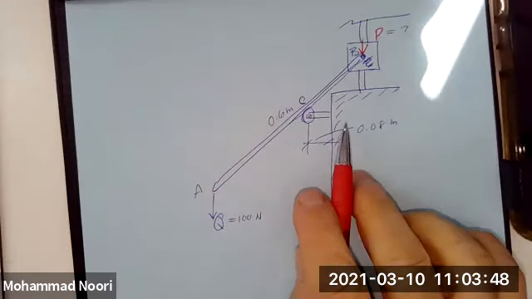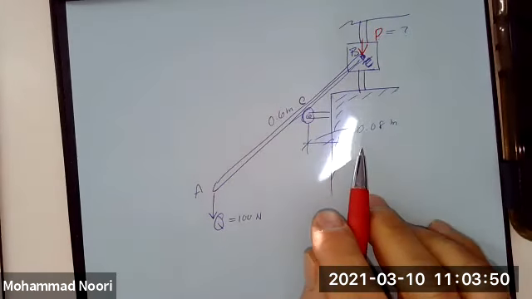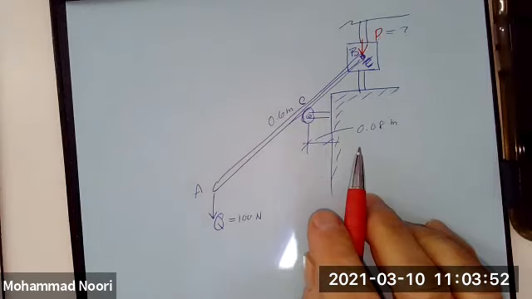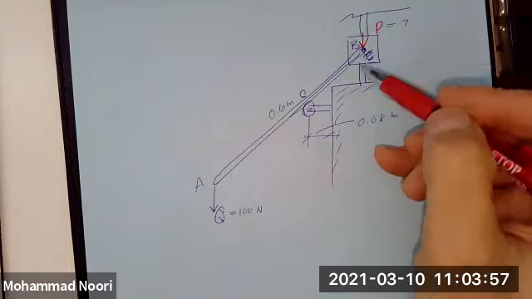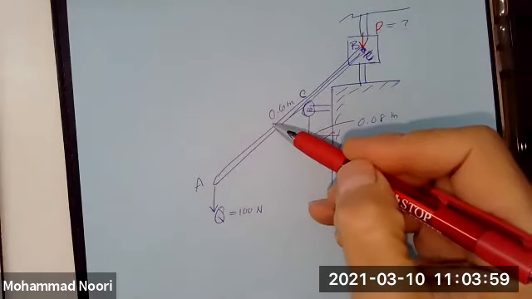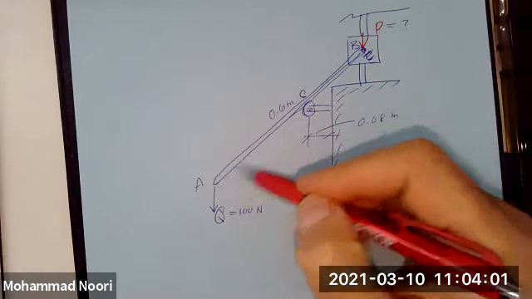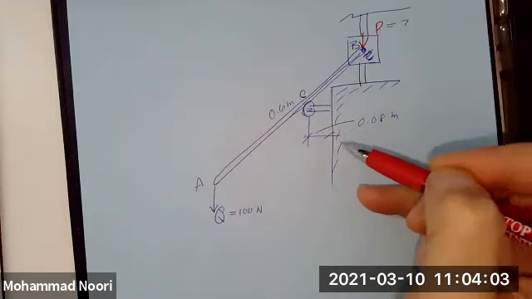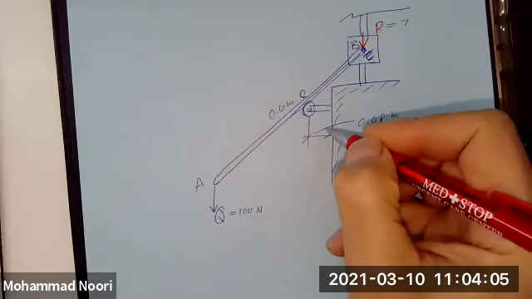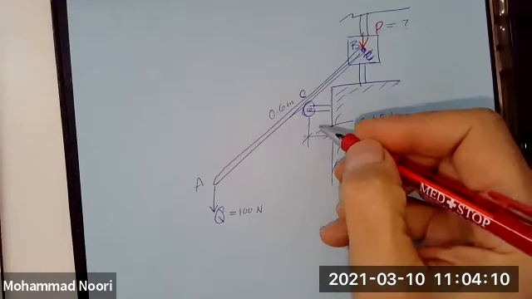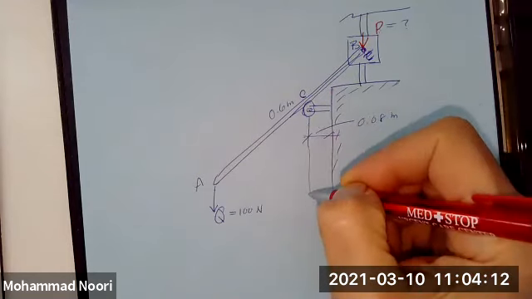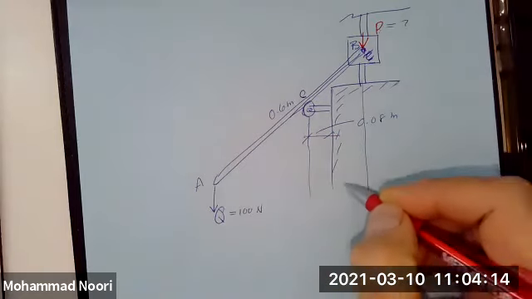So I have already drawn the problem. This is the problem. You have a mechanism. This is how this mechanism works. It consists of a lever or a linkage that is residing on this roller, and this roller is sitting at a distance of 0.8 from here.